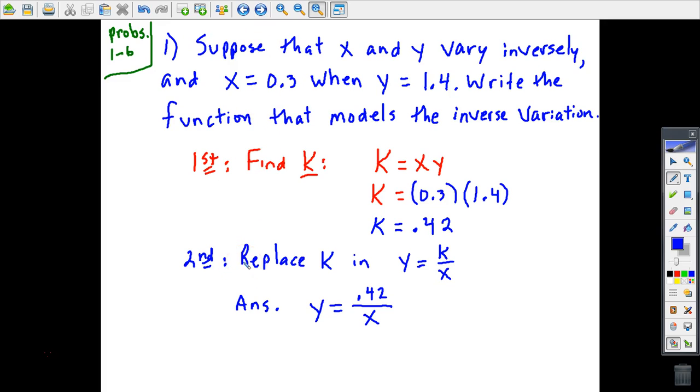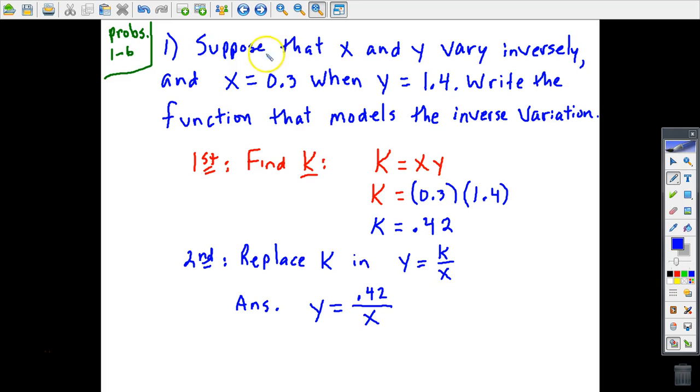Okay, so now we get into some actual homework help problems. Your first 6 problems are basically going to involve this little activity. It's really just an exercise in getting you to write the inverse variation function, which once again looks like this: y equals some constant we call k divided by x.